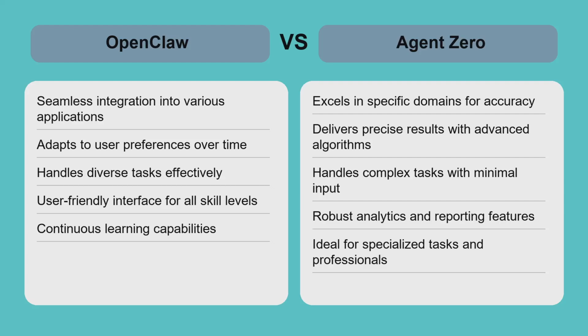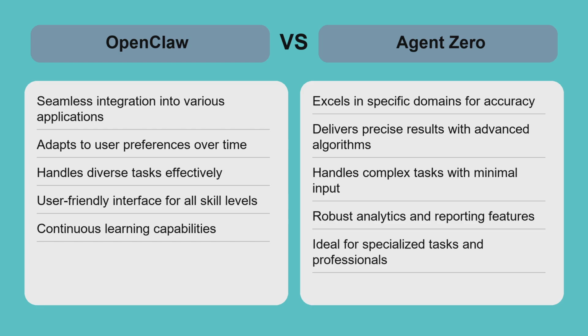When comparing OpenClaw and Agent Zero, consider your specific needs. OpenClaw's versatility allows it to handle a wide range of tasks, making it suitable for users who want an all-in-one solution. For example, if you need an assistant that can manage both scheduling and data entry, OpenClaw excels.